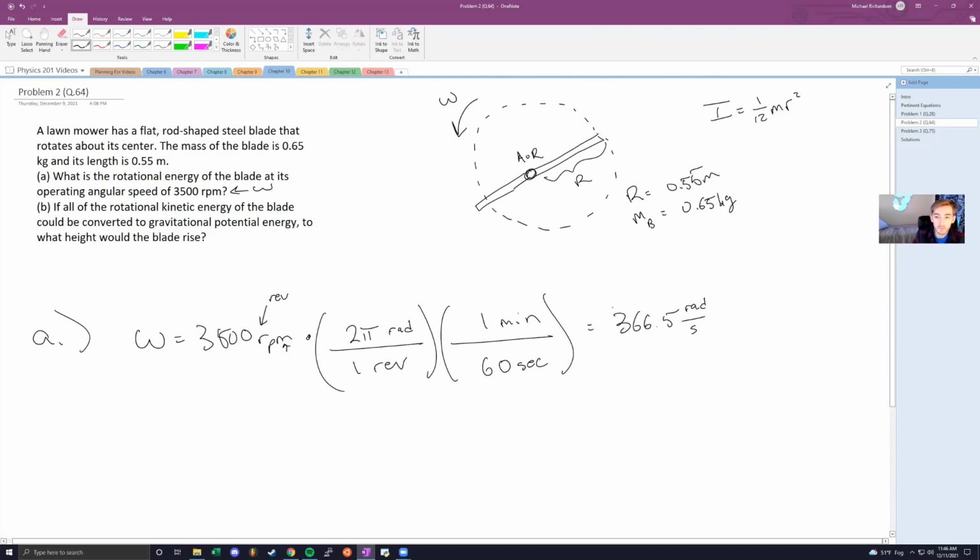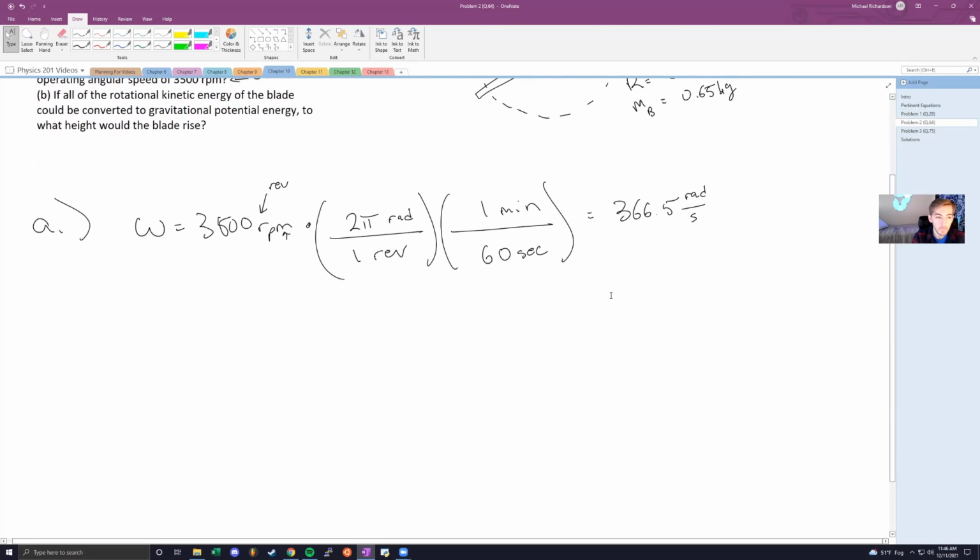So now that we have all of our quantities more or less defined and in the units that we want them to be, now we can define what is that rotational kinetic energy. And our K rotational is going to be equal to 1/2 I omega squared. Well, we just solved for omega.